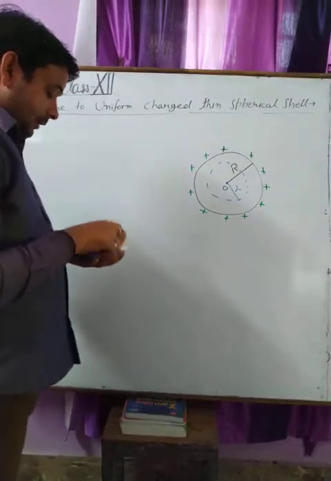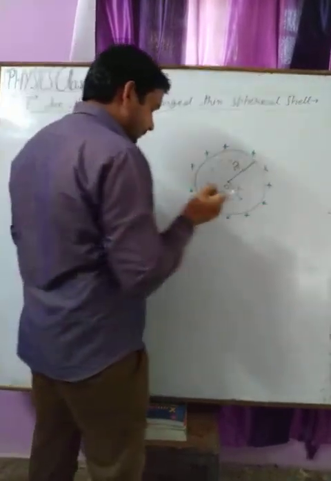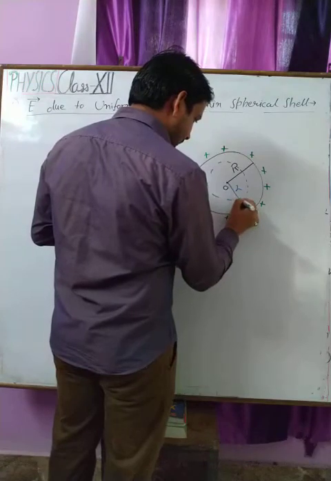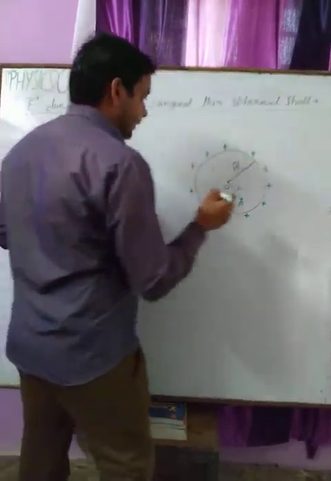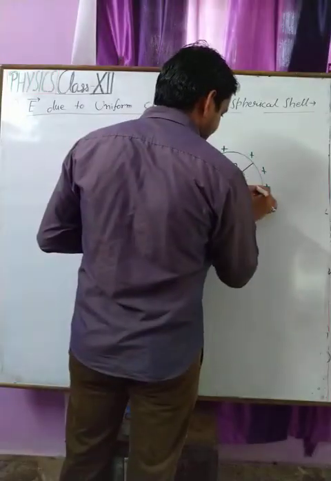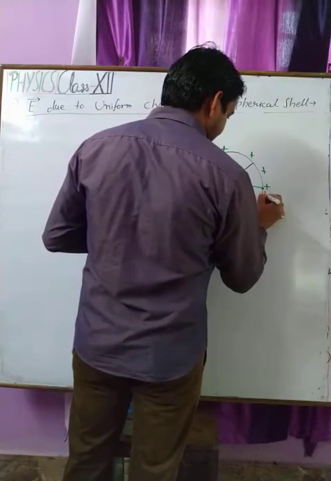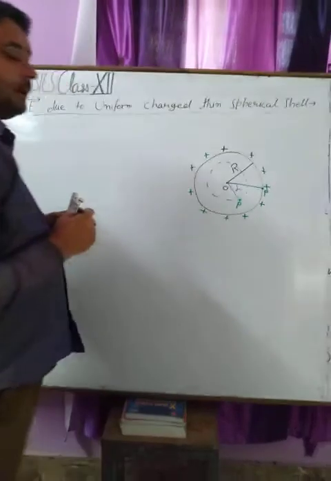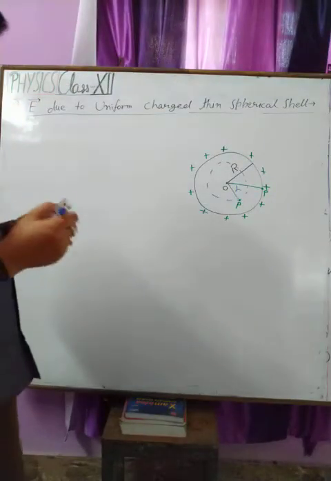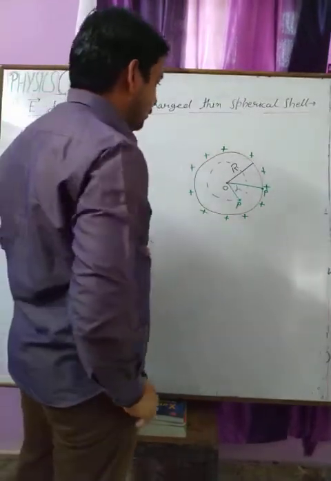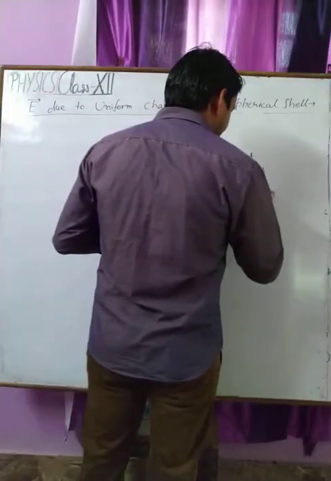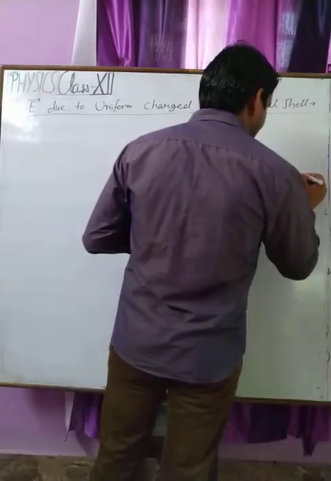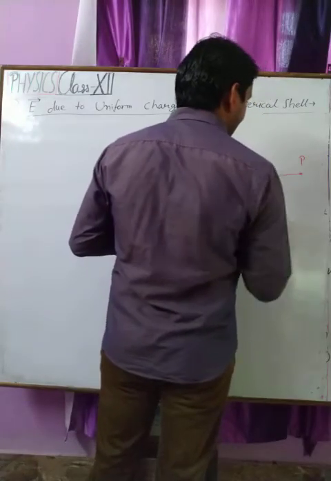Next, when this point P is on the surface. And we also calculate the electric field due to this spherical shell when the point P is outside the surface.